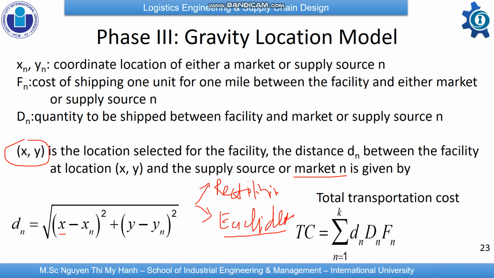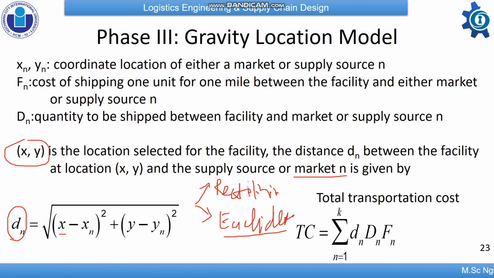Then after we calculate the distance from the selected location for the facility, we calculate the total transportation cost, that is equal to the distance multiplied by the demand multiplied by the cost, then you take the sum.